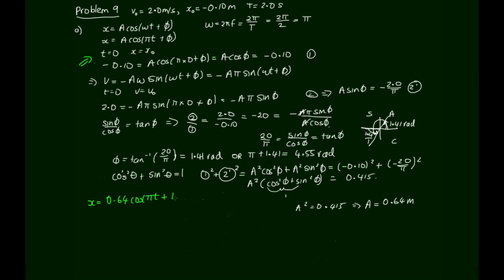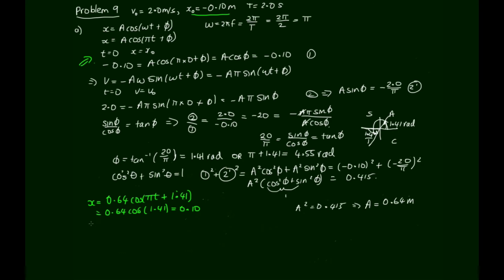If we put 1.41, then we end up with 0.64 times cos. Now we're looking at time 0 because that's the information we have. So we've got cos of 1.41. Solving this, we end up with 0.10. Now that's a problem because it should have been minus 0.10. So that tells us that probably this 1.41 is incorrect and we should use 4.55.